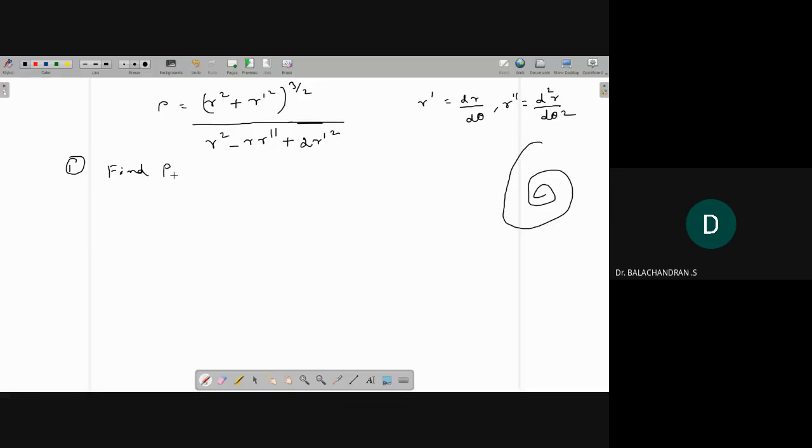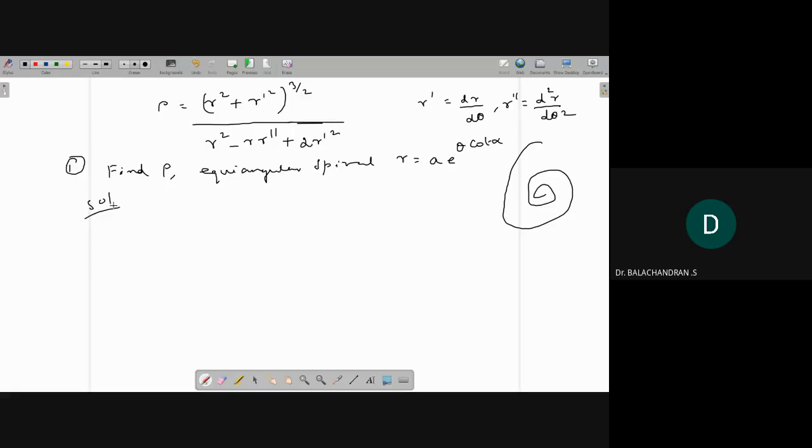Find the rho for the equiangular spiral r equal to a into e power theta into cot alpha. Okay, so solution.